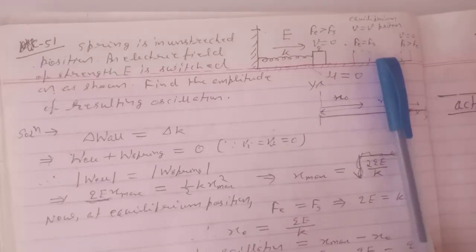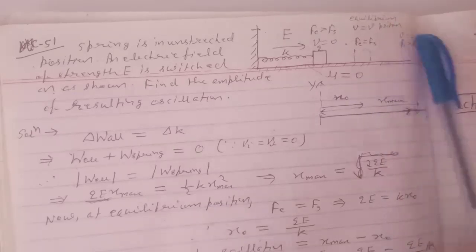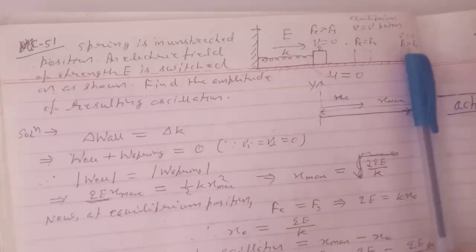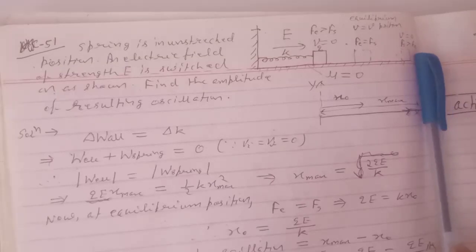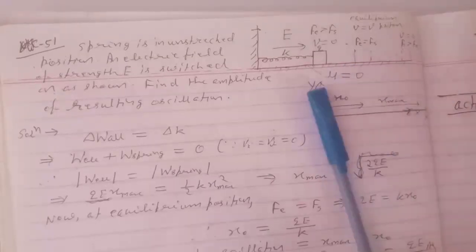Then its velocity again decreases, and a time will reach when the velocity becomes 0, and in this case the spring force will be greater than F, and so it will move in this direction.